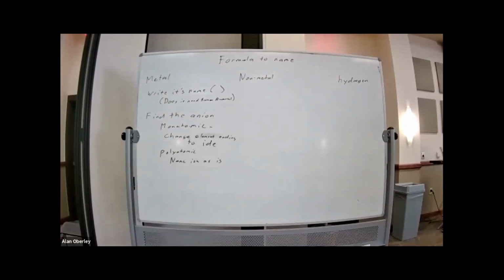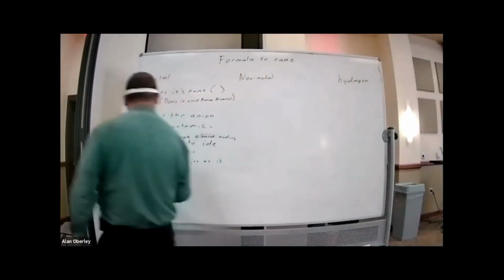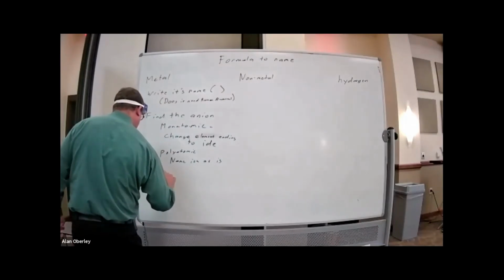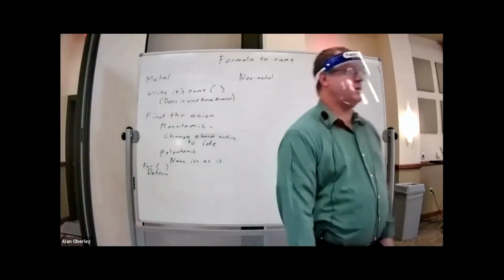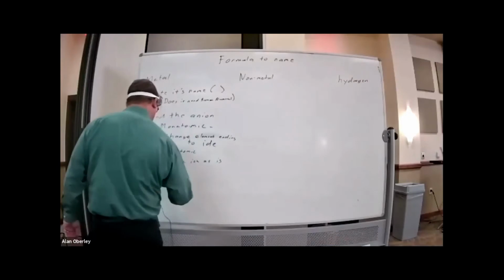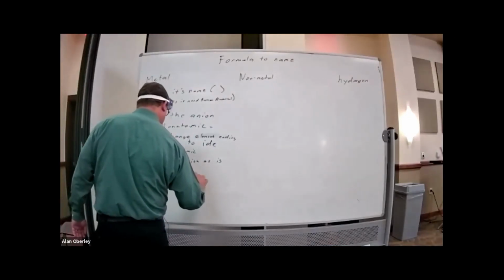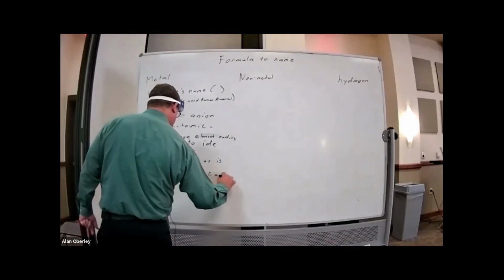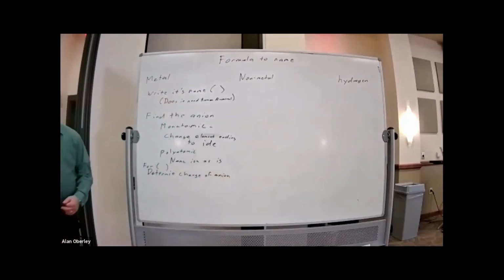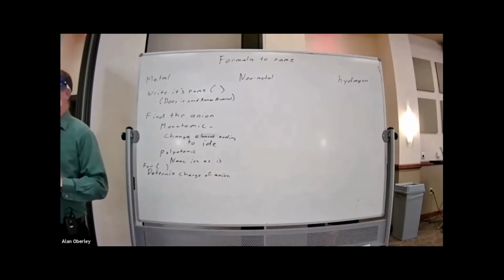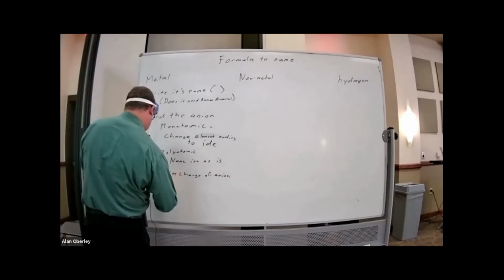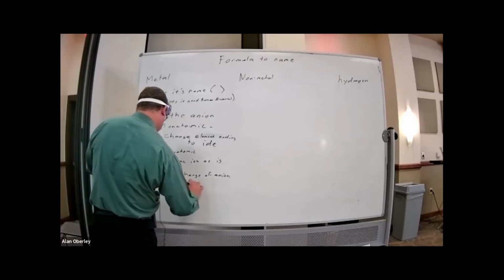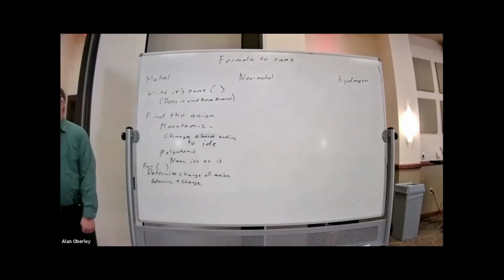And then finally, if you need a Roman numeral, and I put for what goes in the parentheses, I want you to determine the charge of the anion, and based on the number of ions of the cation and anion present, then determine the positive charge.